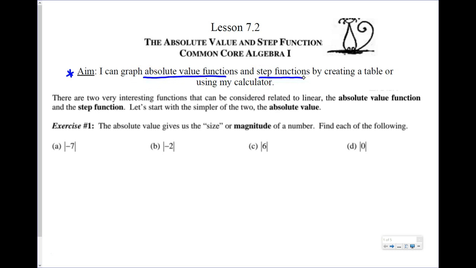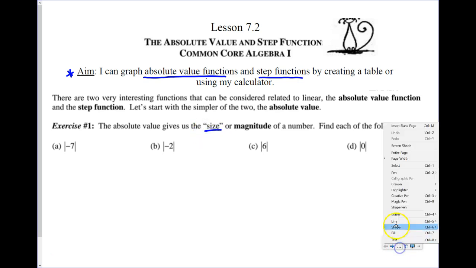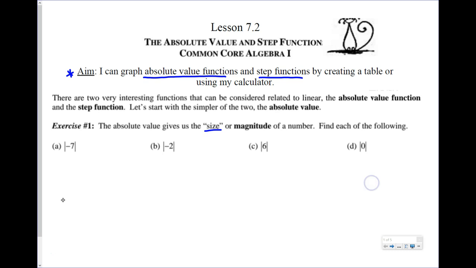There are two very interesting functions that can be considered related to linear: the absolute value function and the step function. Let's start with the simpler of the two, the absolute value. So example 1: the absolute value gives us the size or magnitude of a number. If we remember, absolute value, I'll write it down here.